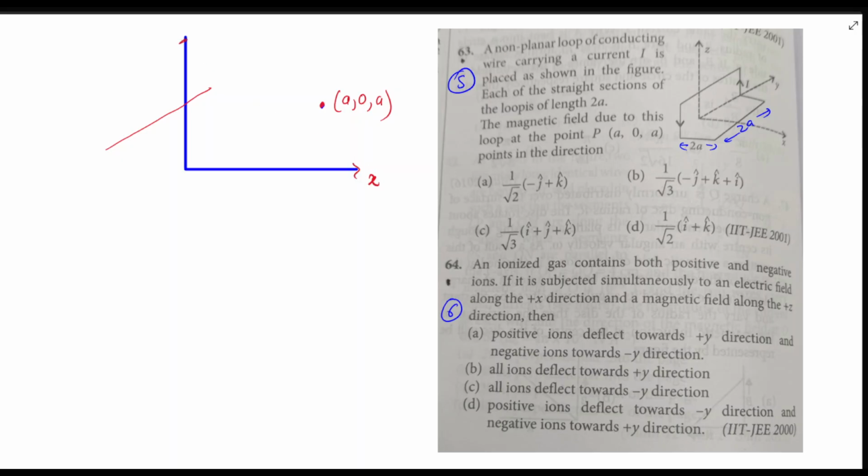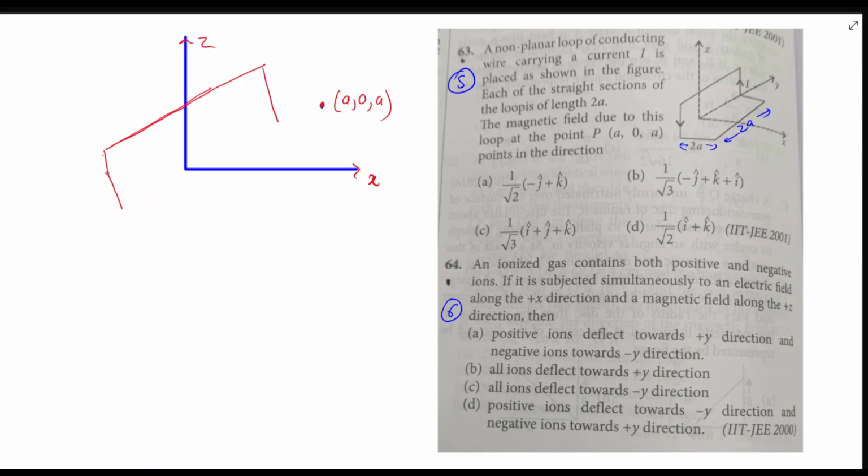This is x, this is z. So we have a plane like this. Now, to solve this type of question, if you try to find the magnetic field due to each wire, it will be really complicated, but you can solve it. But we can use a strategy like this.